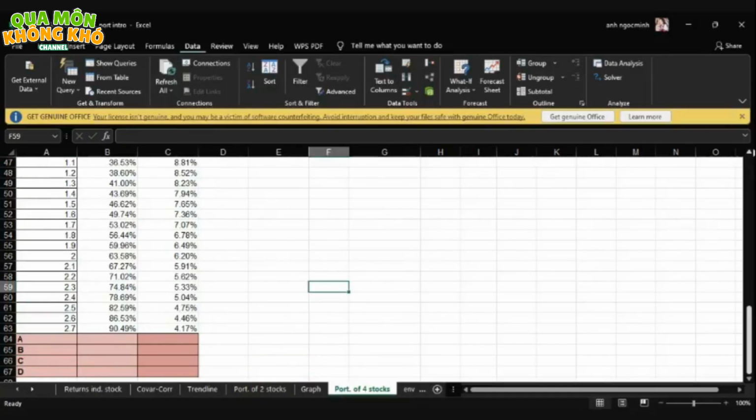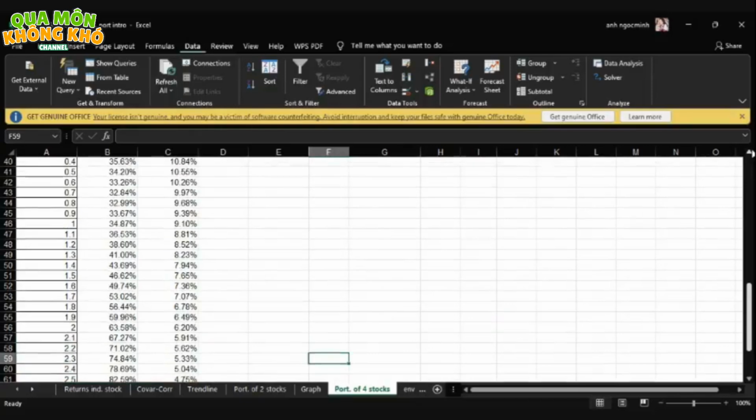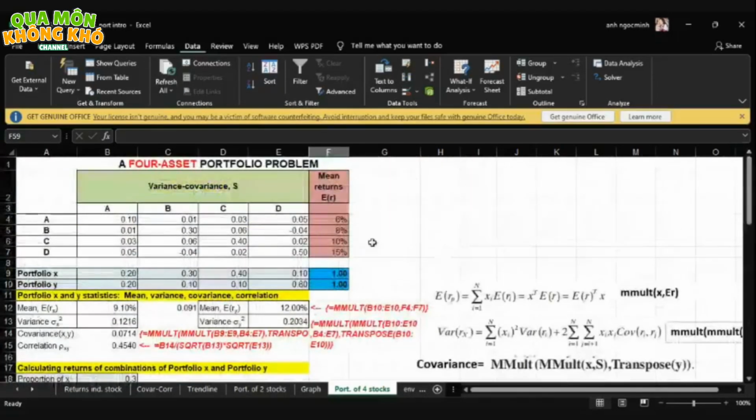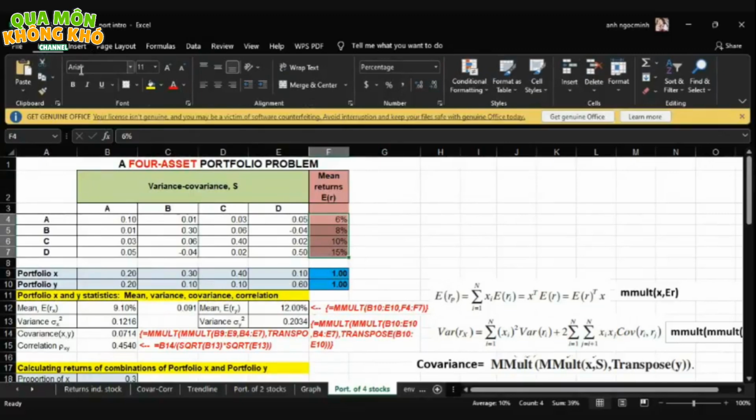We also have the mean return as available data, so just copy it.